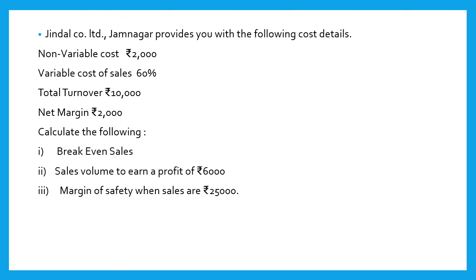Total turnover means it is your sales. Net margin of rupees 2,000. Net margin, that means it is our profit. So calculate the following. First, break-even sales. Second, sales volume to earn a profit of rupees 6,000. Third, margin of safety when sales are rupees 25,000.